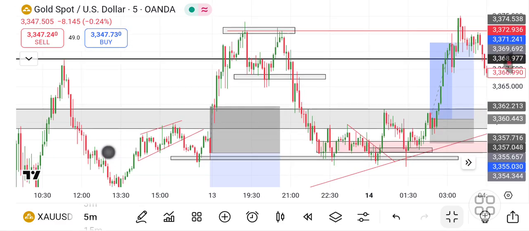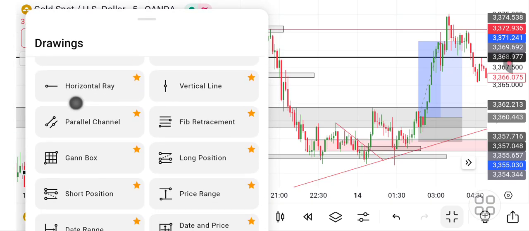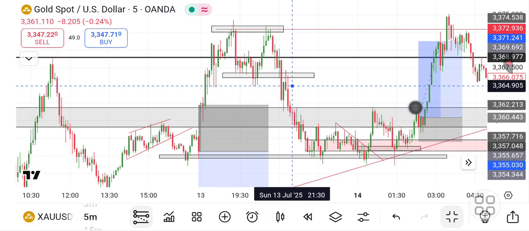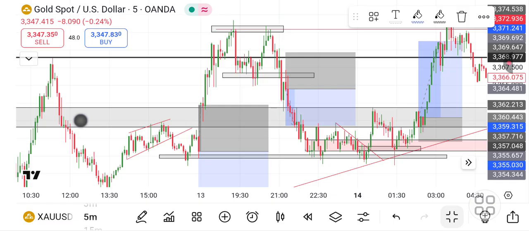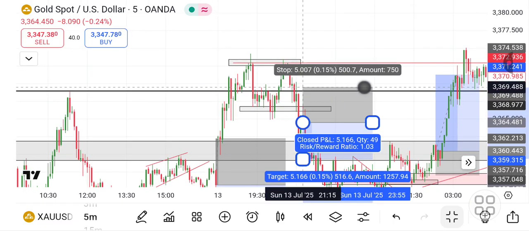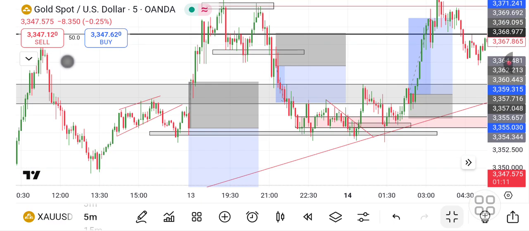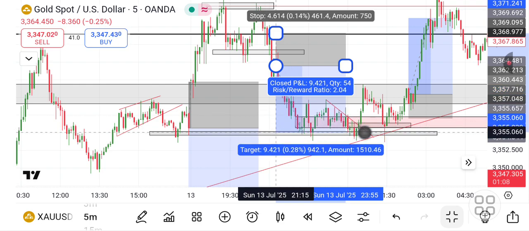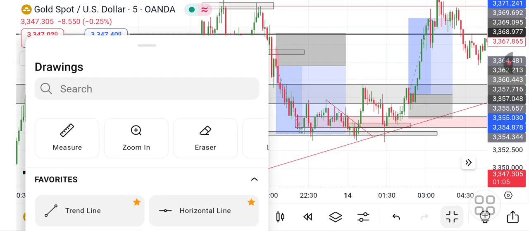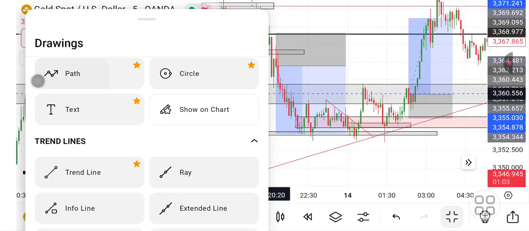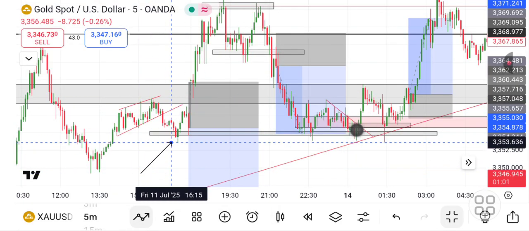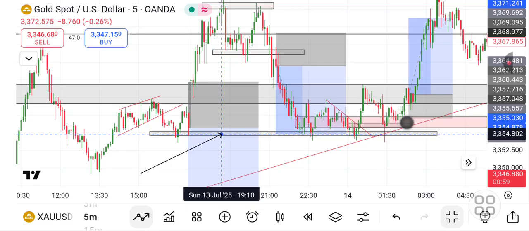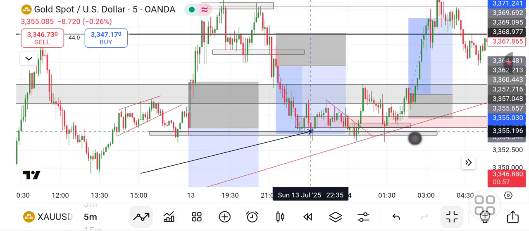After market testing the neckline, you could have taken this short sell right here, above that candle, looking for a first TP on this zone, because it was once a support zone. So you could take a first TP right here.